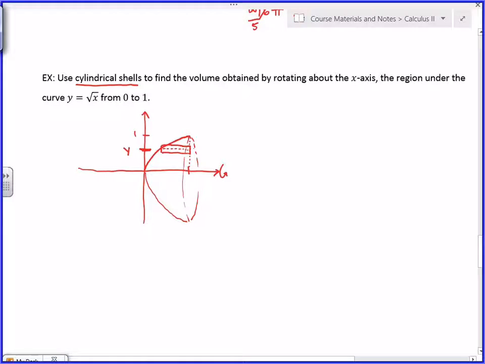But you've got to remember that in that formula, when you have the integral of 2 pi something times something d something, this is your variable, this is your height of the shell, and that's the same variable. So in this case, my volume is going to be the integral of 2 pi y.